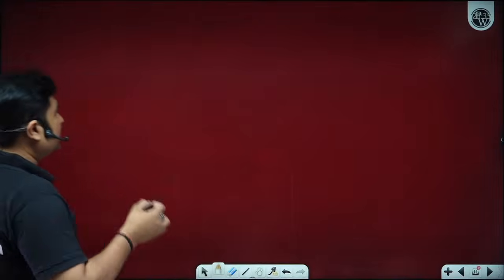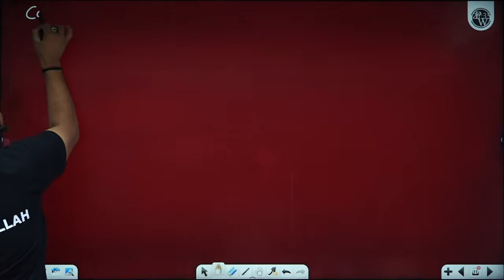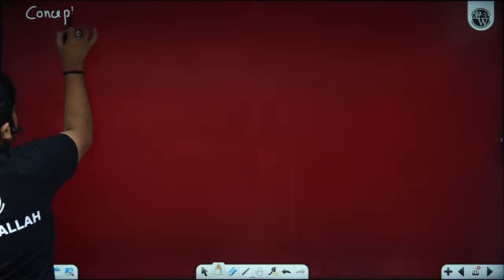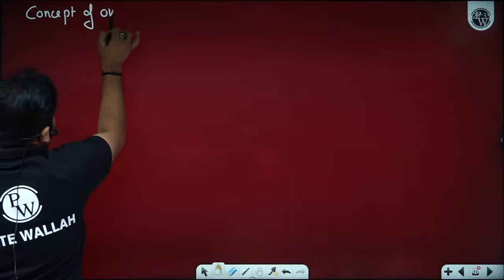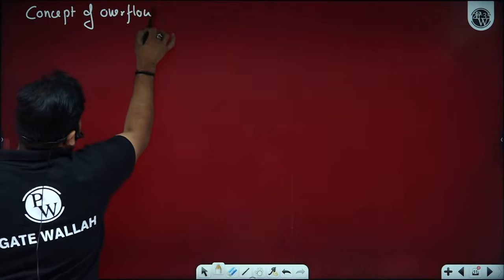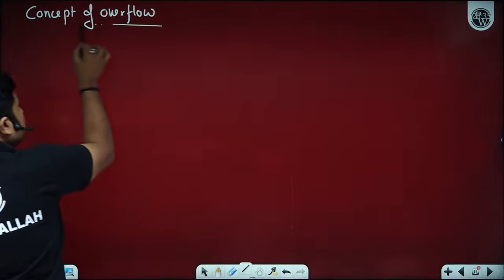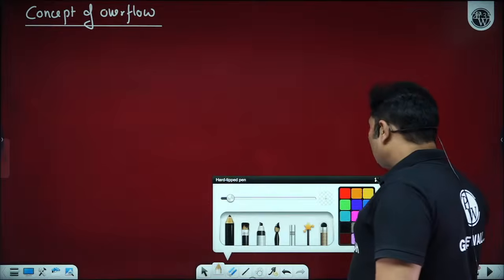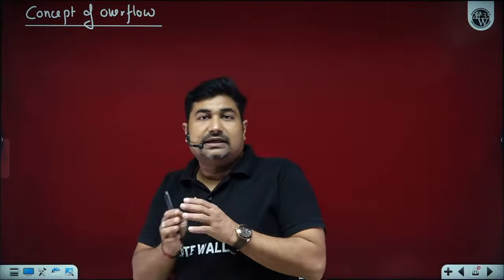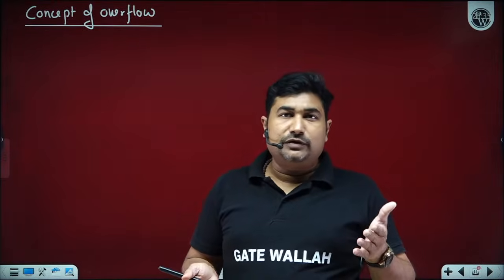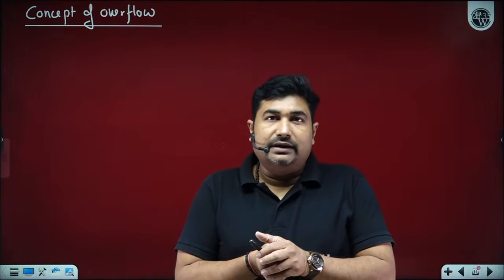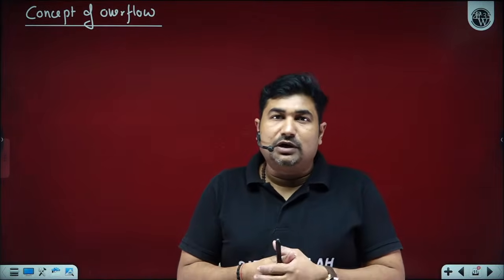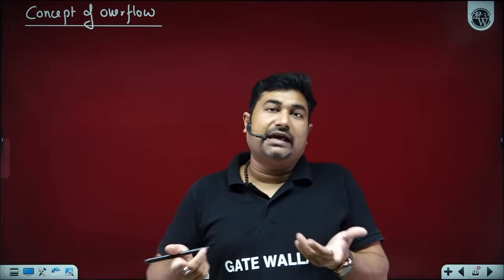Please observe, beta ji. Suppose I am interested to understand the concept of overflow. This is very important for this year. So please observe very carefully the concept of overflow. What do you understand by the term overflow? Suppose you have a cup of 200 ml and you want to fit 250 ml, what happens?